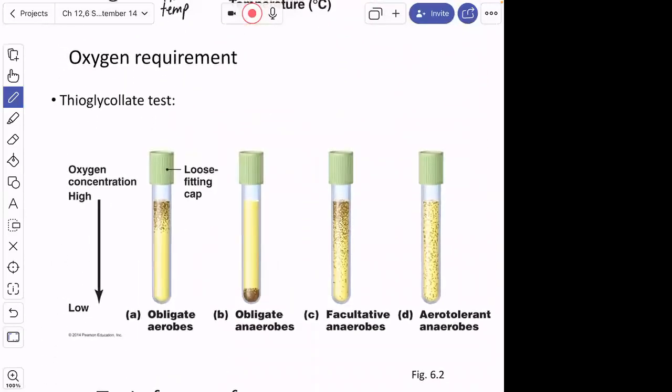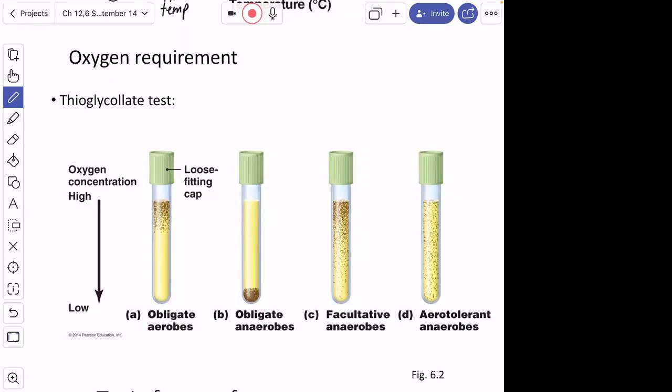Okay, we talked about this thioglycolate medium before, when we were talking about different media. This is a way to test the oxygen requirement of an organism. Basically, this is a medium that chemically gets rid of the oxygen.